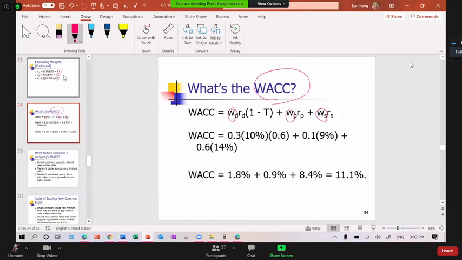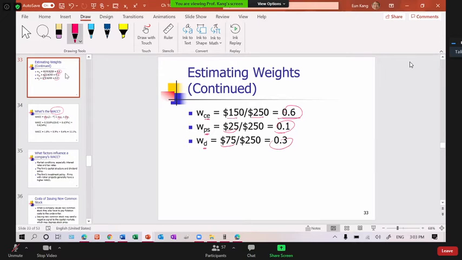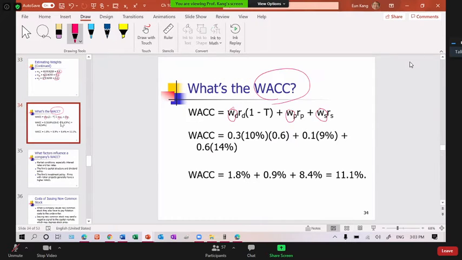So we use this market weight, 0.6, 0.1, 0.3. And don't forget only cost of debt, this tax matters. So after tax, 1 minus T.